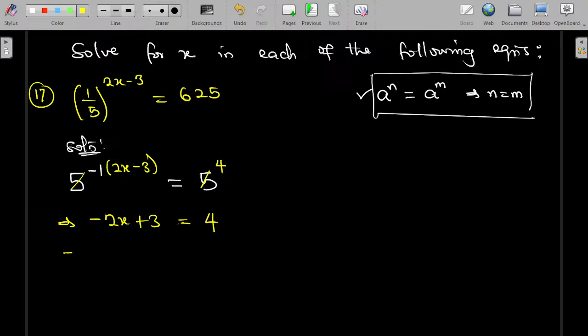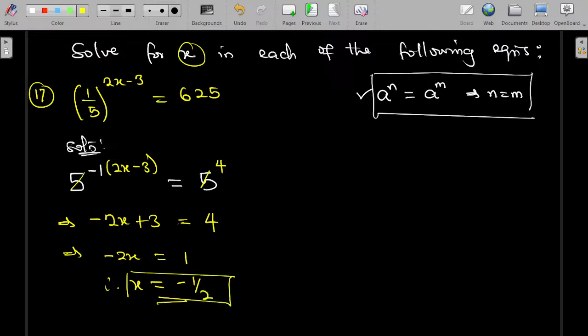My job now is to look for x, which is what I was asked to do from the beginning. So I take my 3 to the other side, and that is 4 minus 3, which is 1. Finally, x is equal to 1 over minus 2, which is minus half. And that is the solution to exercise 17. I hope that made sense.